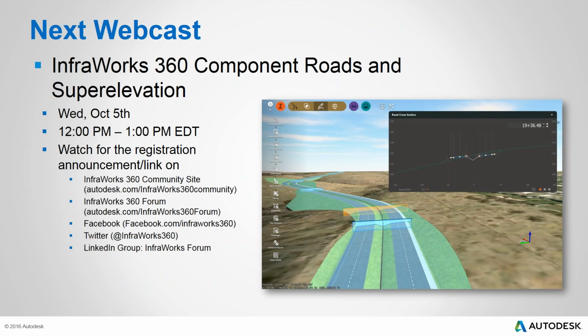Speaking of the series, next up on Wednesday, October 5th, we're going to be covering InfraWorks 360 component roads and super elevation. If you haven't yet installed the latest release, which came out earlier this month, you'll find component roads and super elevation in that release. And these two features alone have greatly elevated the power and functionality of InfraWorks 360.